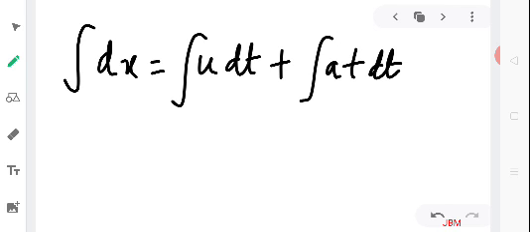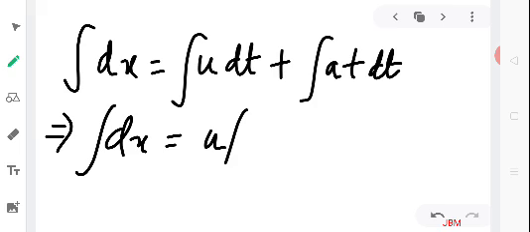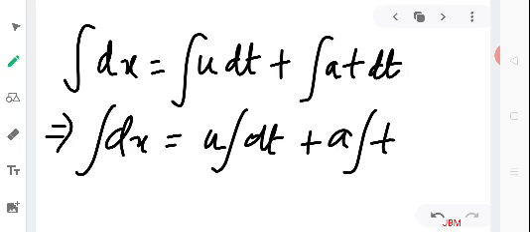So, that can be taken out. And as usual, this equation is for uniformly accelerated motion. So, again acceleration is constant, and that can be taken out of the integral sign. So, now we can write down integral dx equal to u integral dt plus a integral t dt.